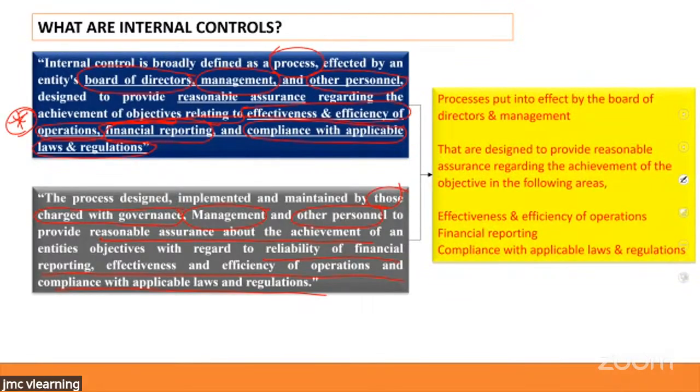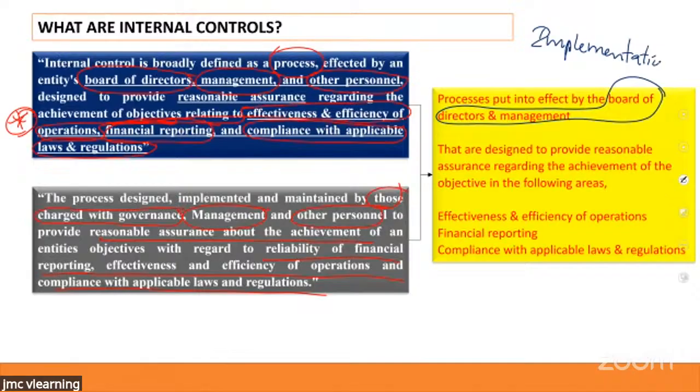Okay, in simple language, it is a process put into effect by the board of directors or management. So the implementation of the internal control system is basically a responsibility of the board of directors and management.